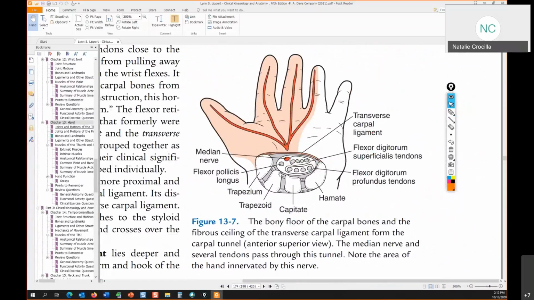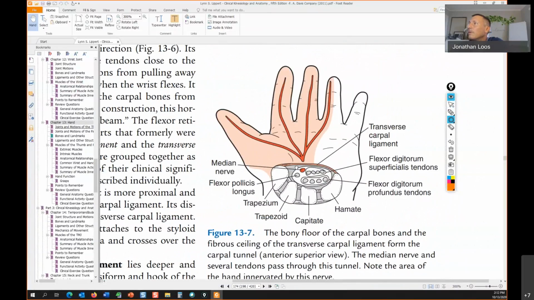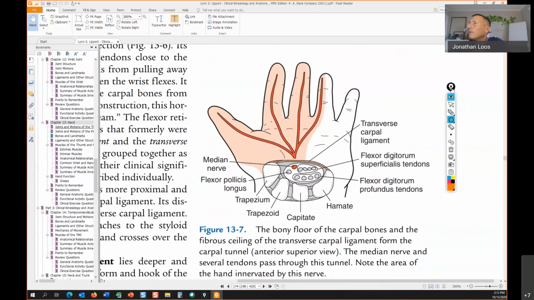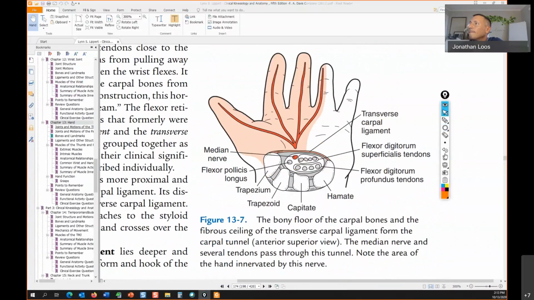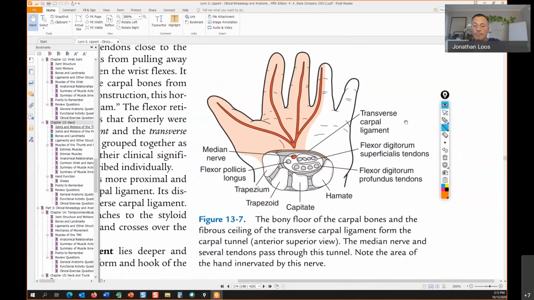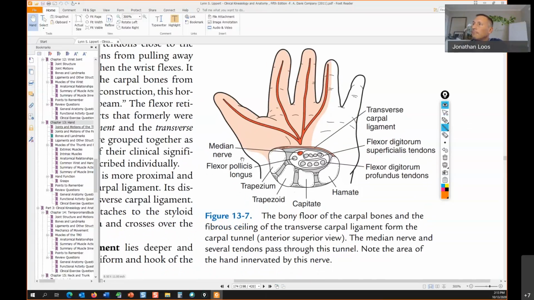Okay, so this area here is the... Well, my screen markup tool is not working right now, so sorry.